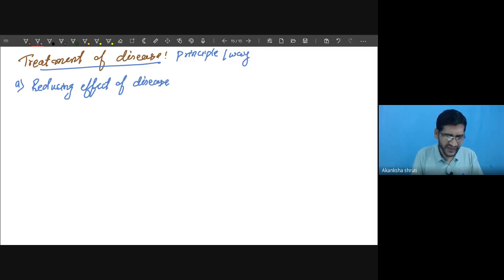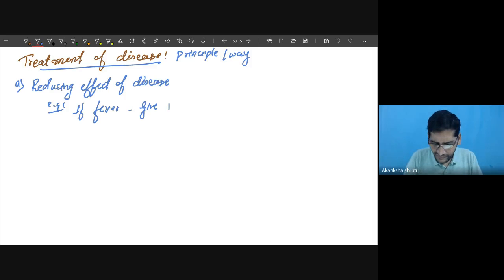Example, if there is fever, then give medicine to reduce the temperature of the patient.